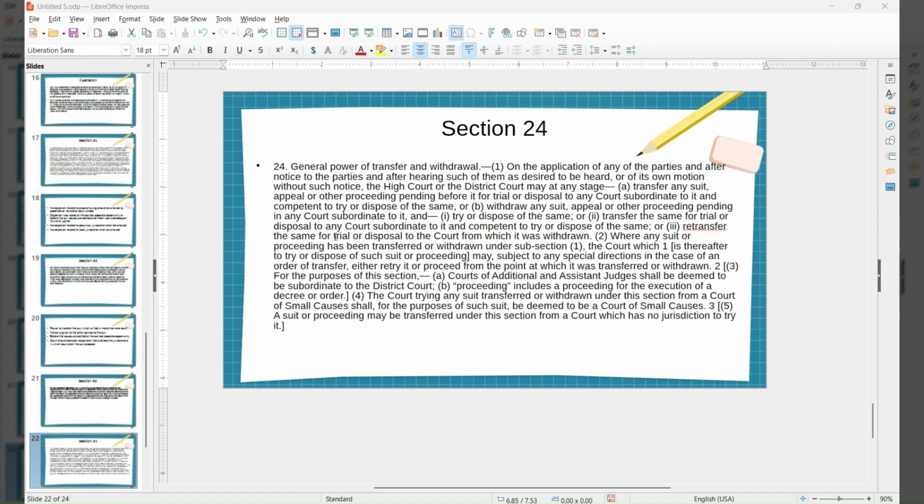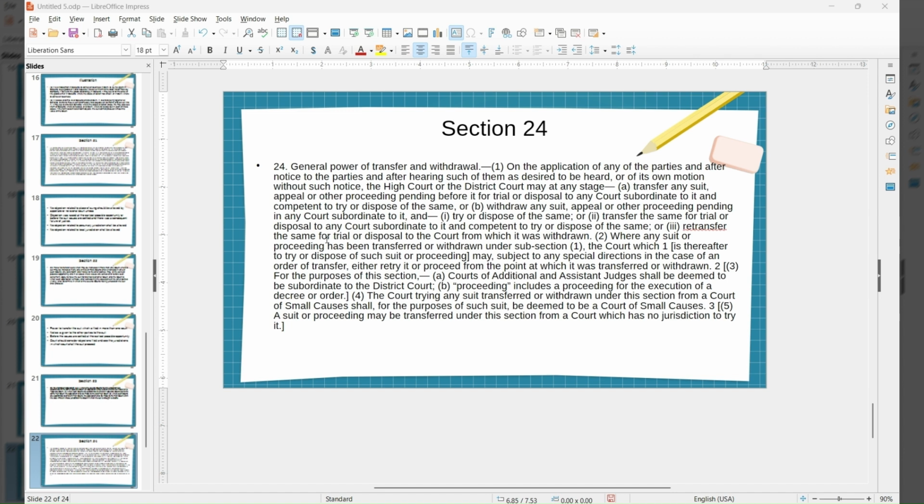So what happens is, in some specific situations, the high court or the district court feels that the scope of the suit in the lower court is beyond that court.